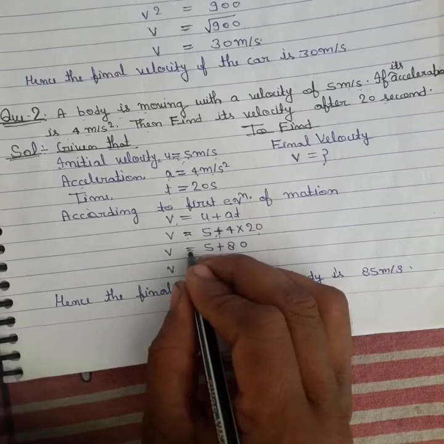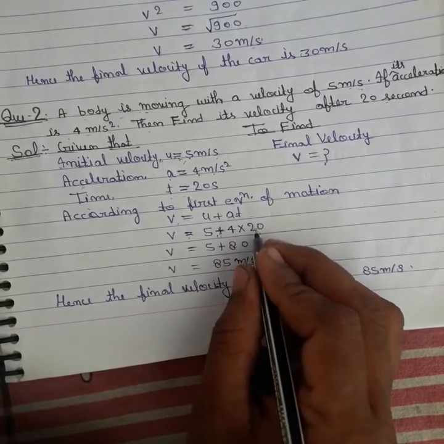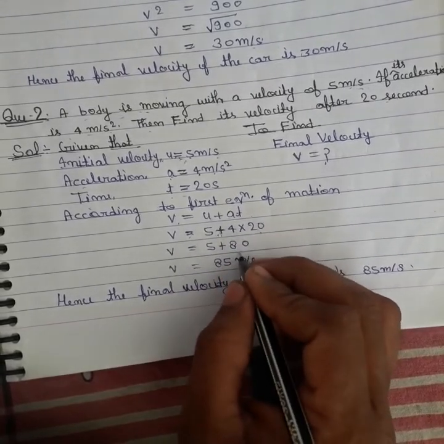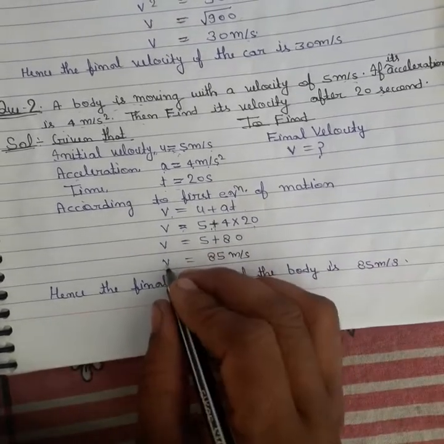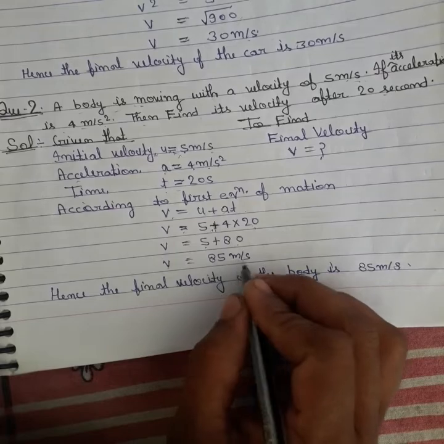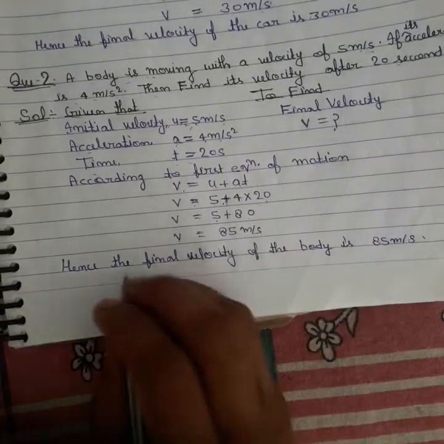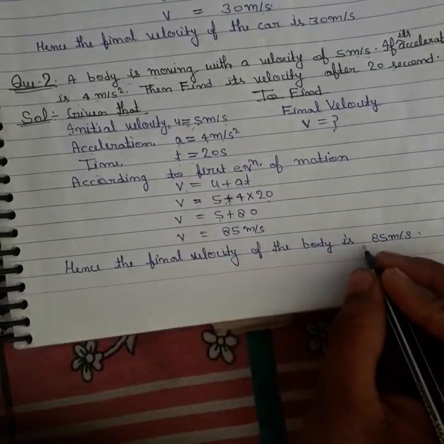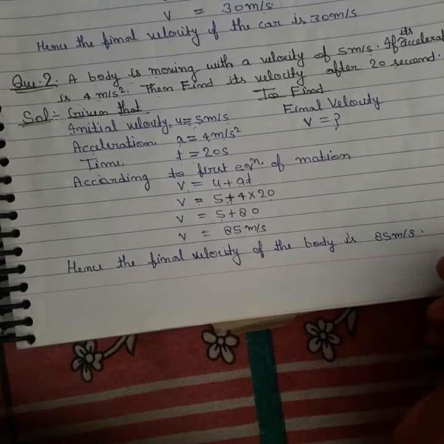The next line, v equal to 5 plus 80, and v equal to 85 meter per second. Hence the final velocity of the body is 85 meter per second.